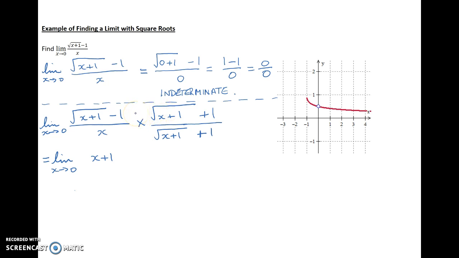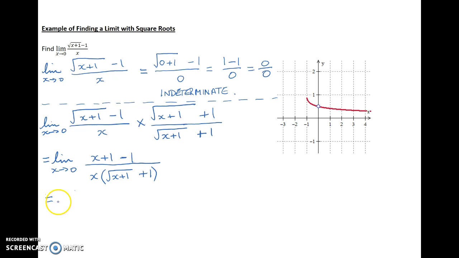Okay? So finally, the last thing we have to multiply is negative 1 times positive 1, which is minus 1. On the bottom, we're going to write this as x times the square root of x plus 1 plus 1. We're not actually going to try and multiply the x through. We're not going to try and distribute the x. We're just going to write it like that.